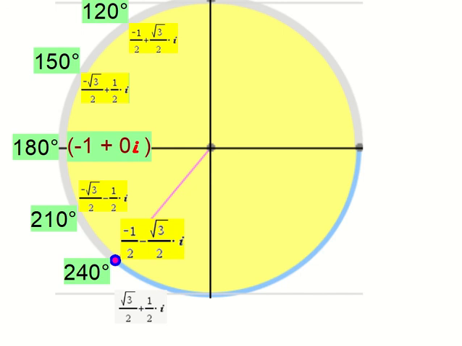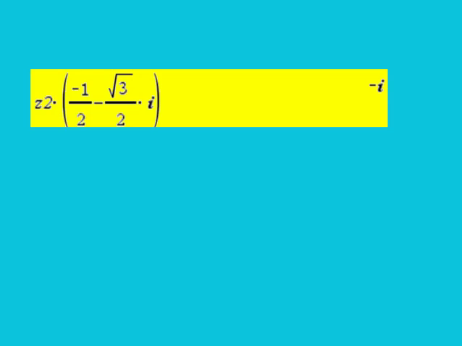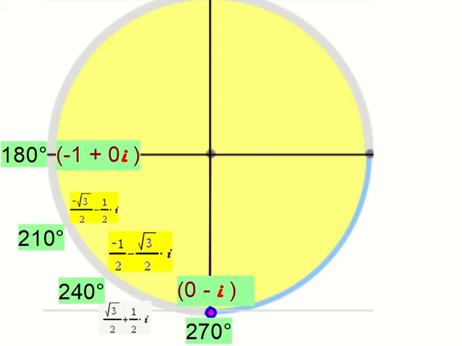When I do that calculation, we get -i, which is 0 minus i, or 270 degrees.